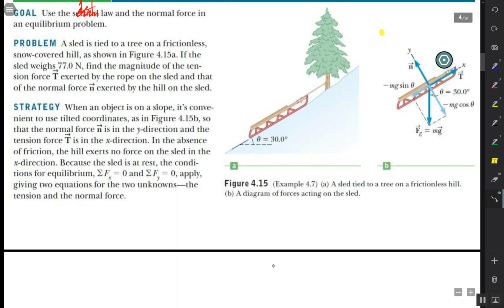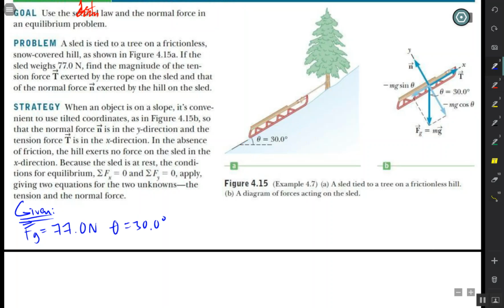We're given the free body diagram at least, so we don't have to worry about that one. We're also given the weight of the sled, and we're using force due to gravity, and the angle is given to us, 30 degrees, and actually that's pretty much it.